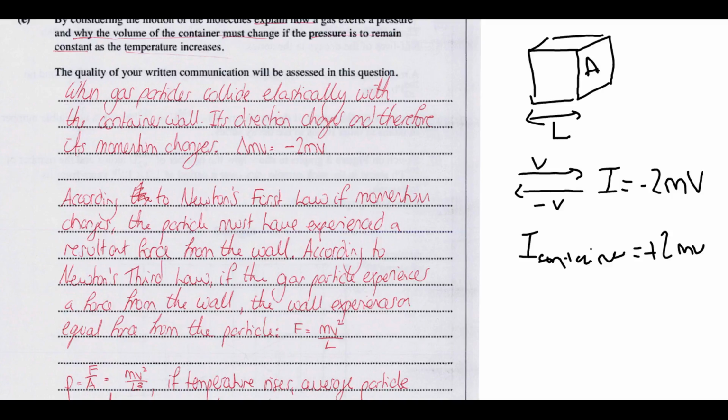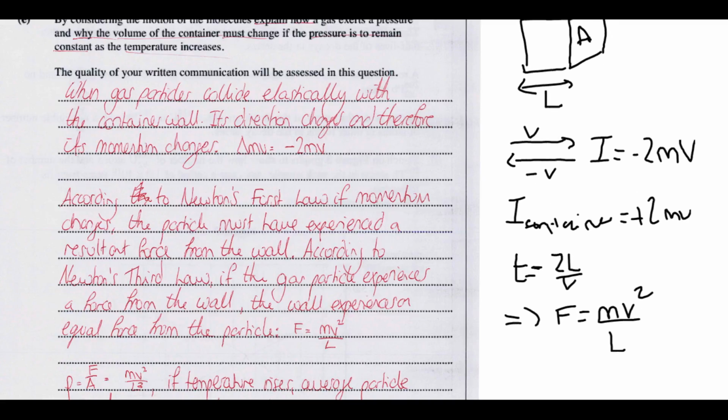And the time between collisions, if we say the collisions with the container are instantaneous, is distance divided by velocity. And all of that put together gives you this equation I've used over there, that the force experienced by the container is mv squared over L. So that's how we can get the container experiencing a force.